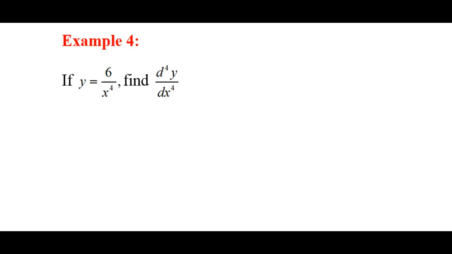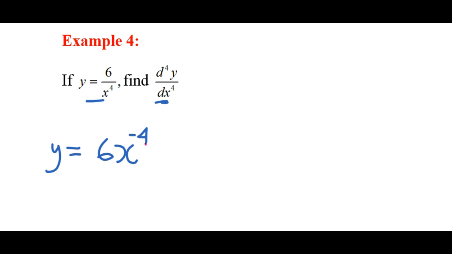Right, I believe this is what you did. Now we want to find the fourth derivative of this function, and so we can write this function as y. This is not implicit, so you can keep it as explicit, y equals 6x to the power negative 4, and that will be very easy to handle if you go by this means.